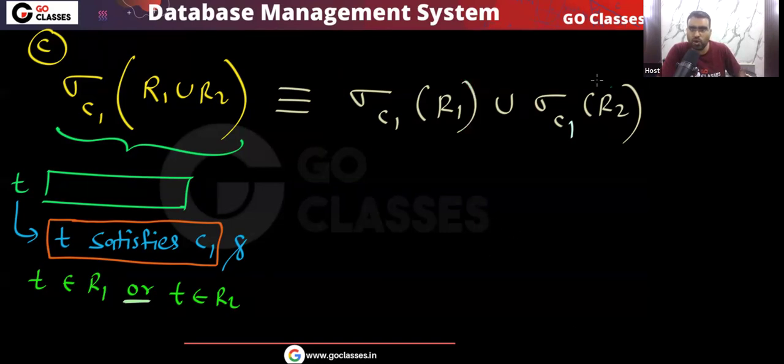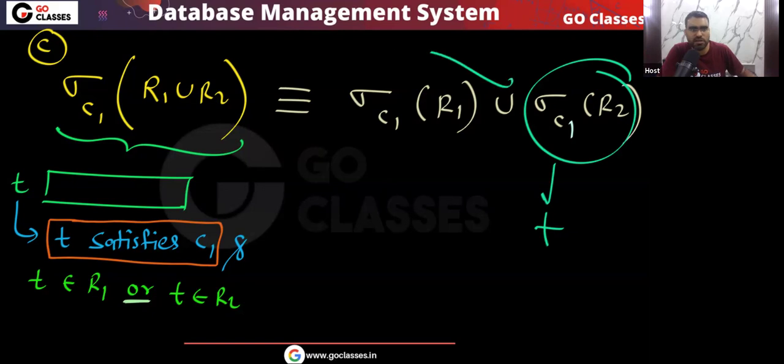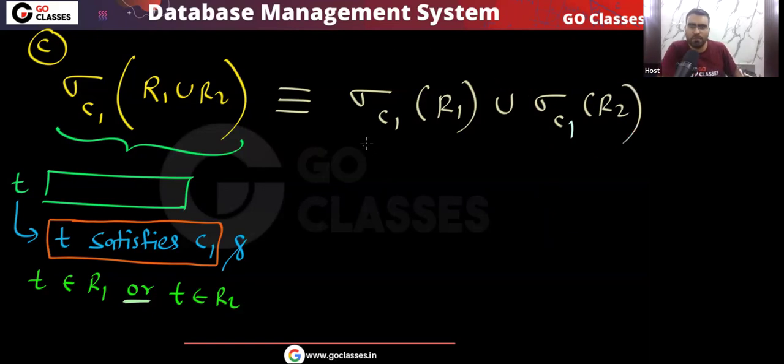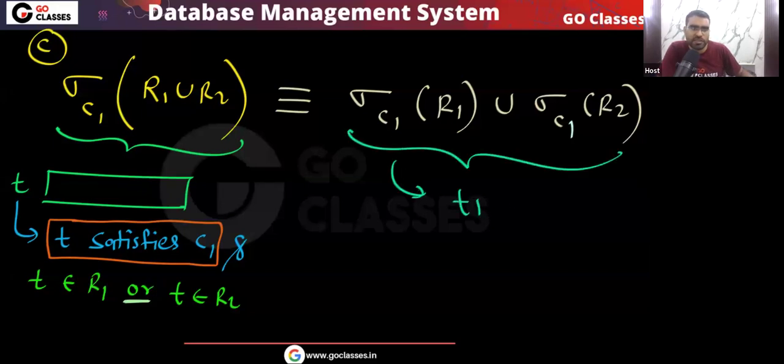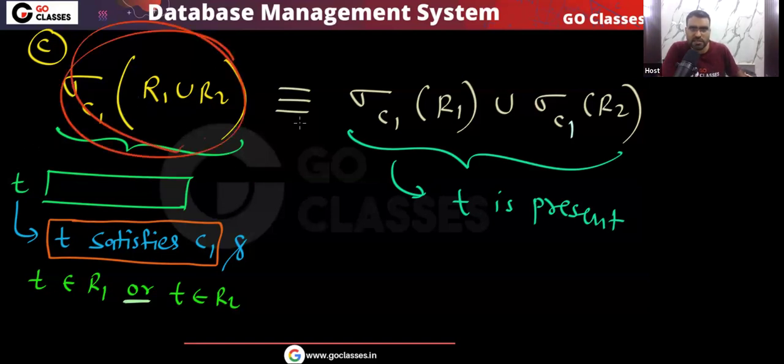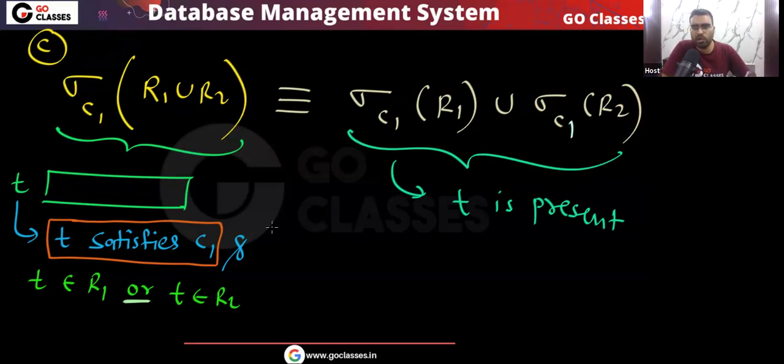And if T belongs to R2, then T will be here. Overall, I can say in the union, definitely T will be there. Do you agree? Whatever you do, T will definitely be there. Okay, T is present. Is this clear? So very simple. If T is present in this, then T will be present in this. Do you agree with me? Let me know, did you understand?